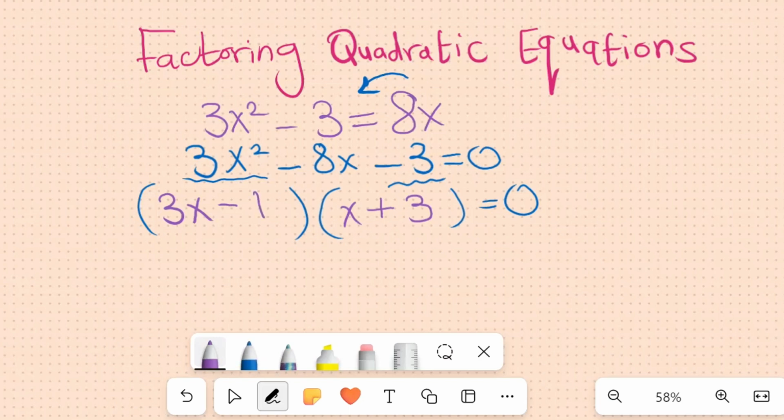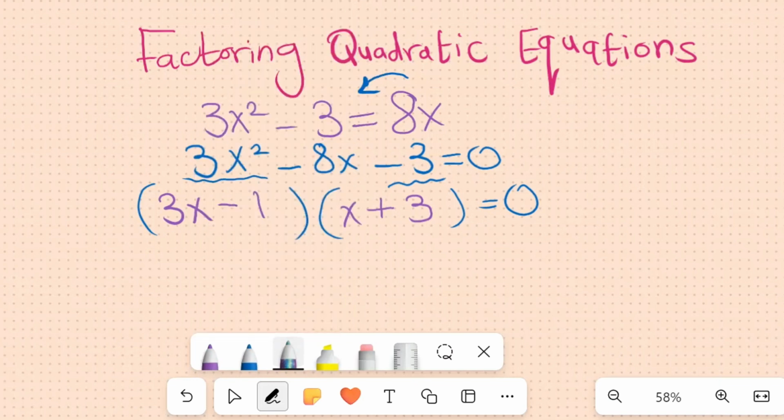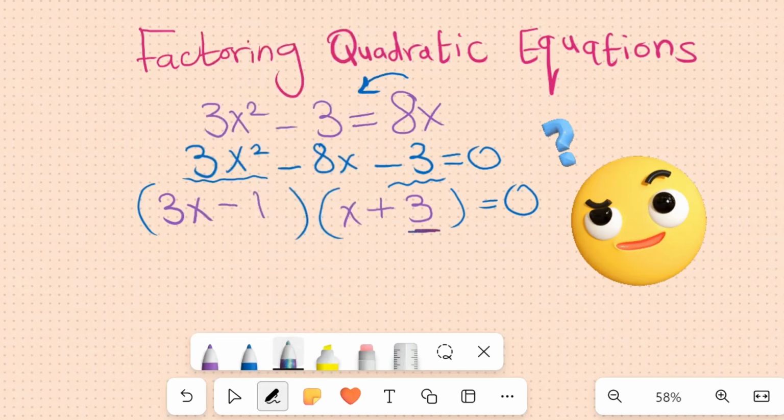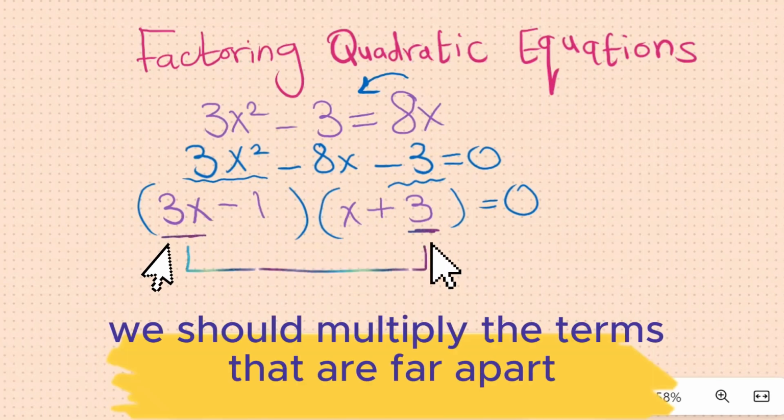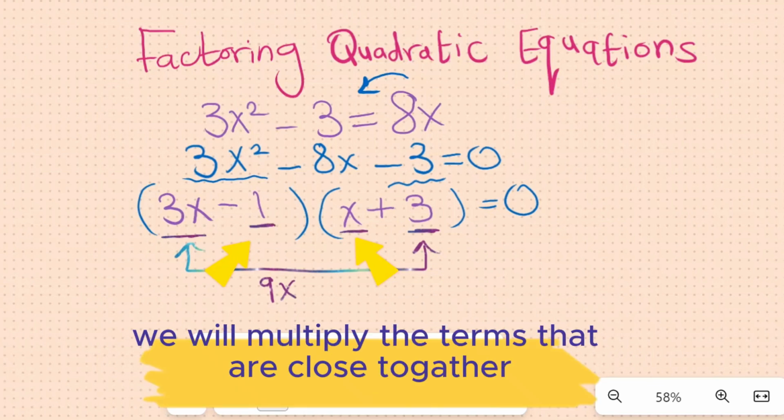Okay, but how can we make sure that the order of the signs and the numbers in the brackets is correct and they're not flipped? We're going to use a technique which is multiplying the terms that are far apart from each other, which are the 3x and the 3. 3x times 3 is 9x, and after that we're going to multiply the two terms that are close together. Negative 1 times x is negative x, right?